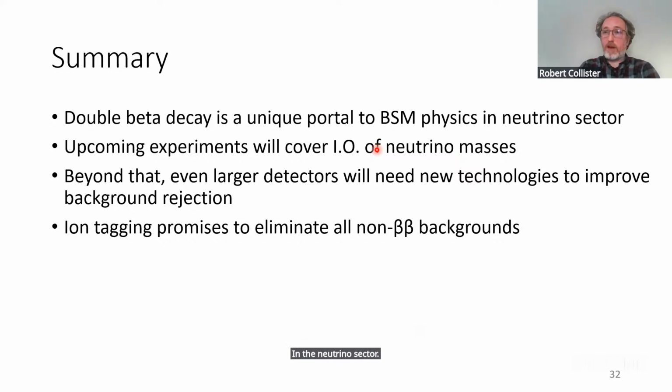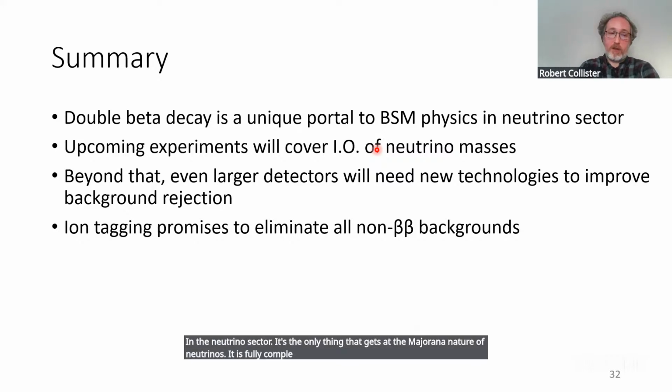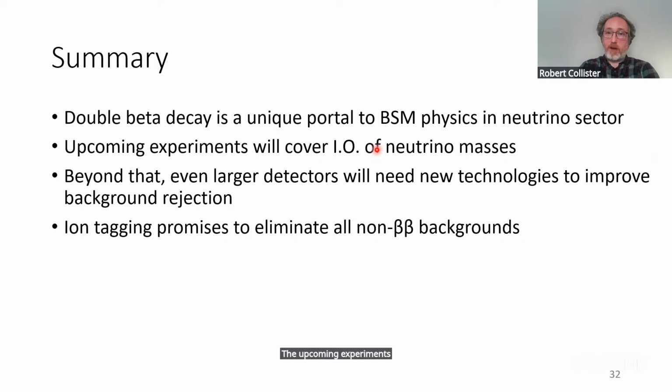It's the only thing that gets at the Majorana nature of neutrinos. It is fully complementary to the neutrino oscillation experiments, where we'll get a handle on the neutrino mass hierarchy. The upcoming experiments should fully cover the inverted ordering of neutrino masses.